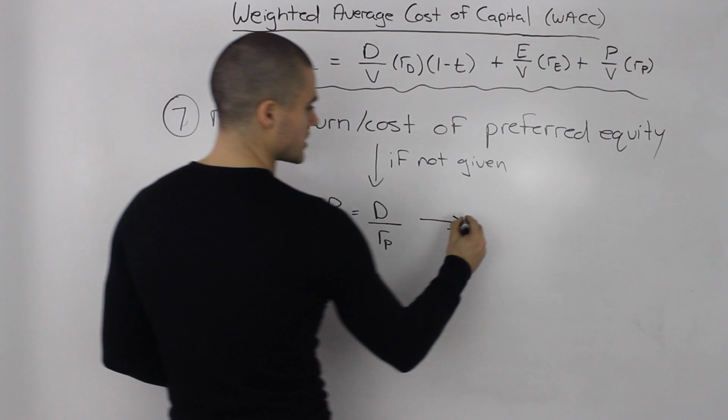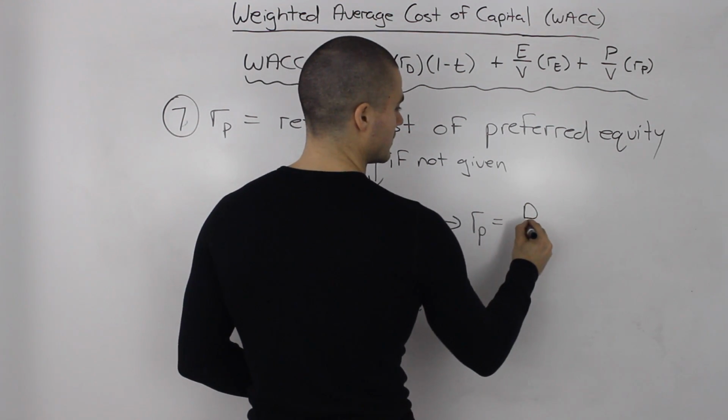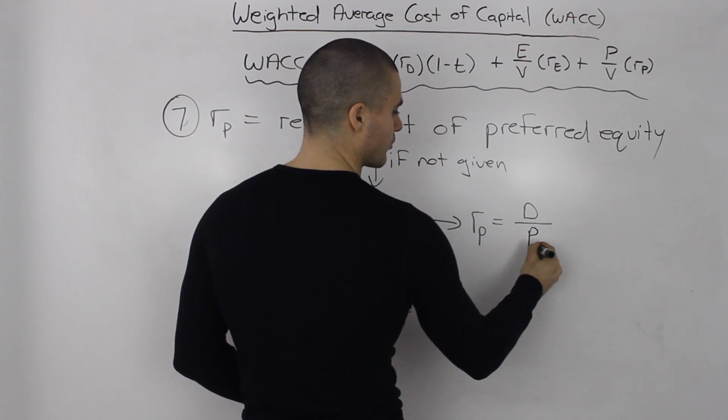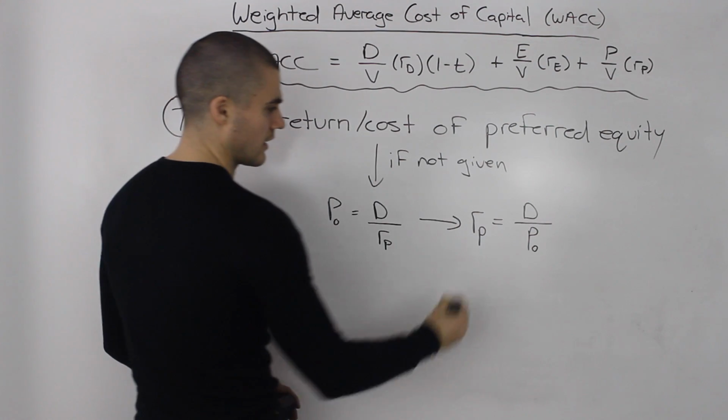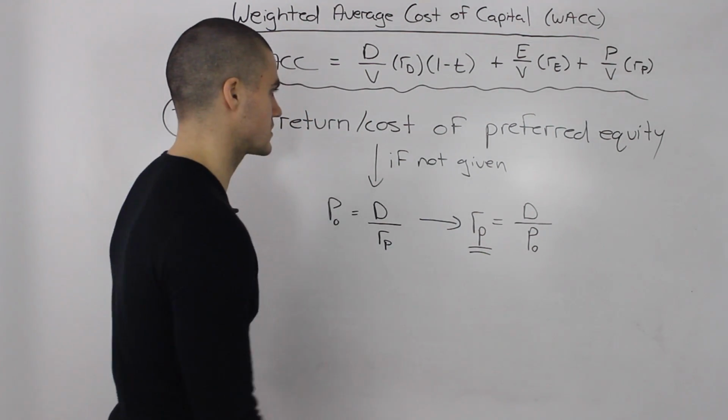If we rearrange this, the return on preferred is equal to whatever the dividend is that the preferred stock is paying over the price of the preferred stock. That's the formula. That's all you have to do to calculate RP.